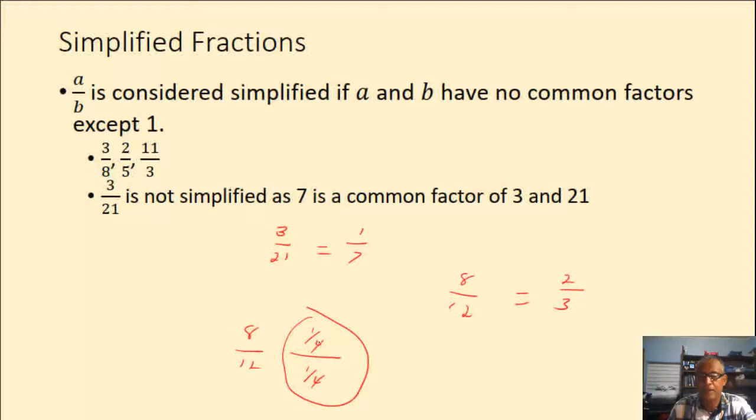Well, anything divided by itself is 1, and so this number is 1. So no matter what this looks like in the end, we know that these numbers have to be the same because I have only multiplied this by 1, and any number you multiply by 1 remains the same. So 8/12 has to be the same as 2/3, and 1/4 of 8 is 2, 1/4 of 12 is 3.